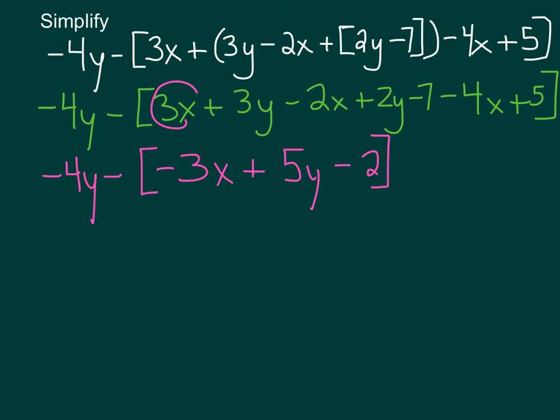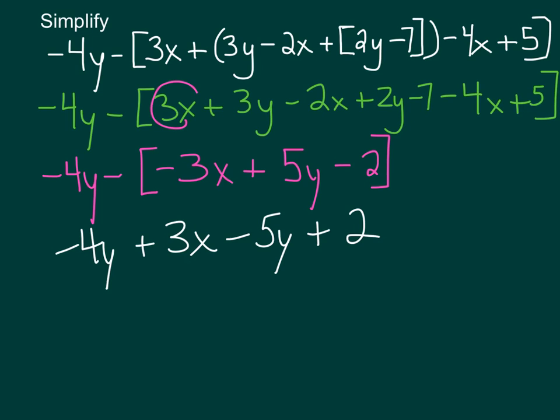Now I am going to have to distribute a negative sign throughout this, which you see done there, negative 4y plus 3x minus 5y plus 2. So now I'm going to combine like terms, and we typically put our variables in alphabetical order for the final answer. So here we get 3x minus 9y plus 2 is our final simplified version.